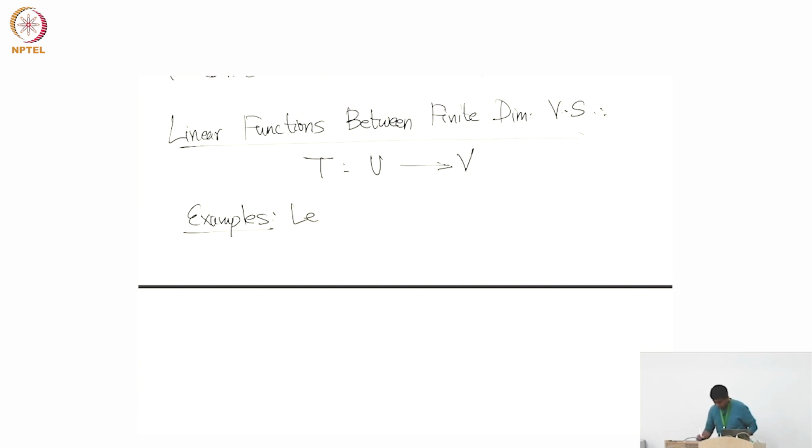Let U equal polynomials of degree up to m plus 1, and V equal polynomials of degree up to m.